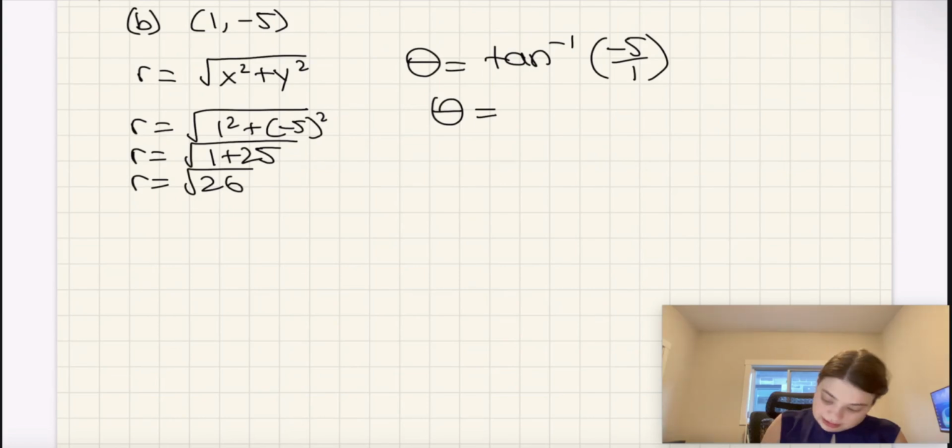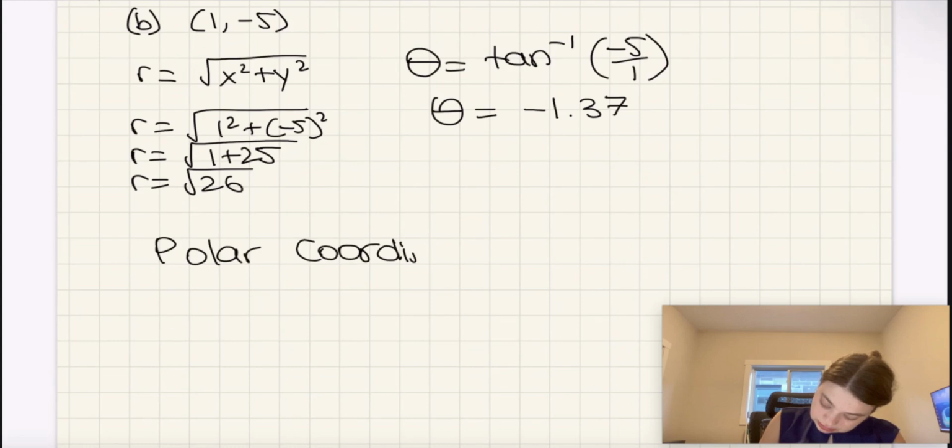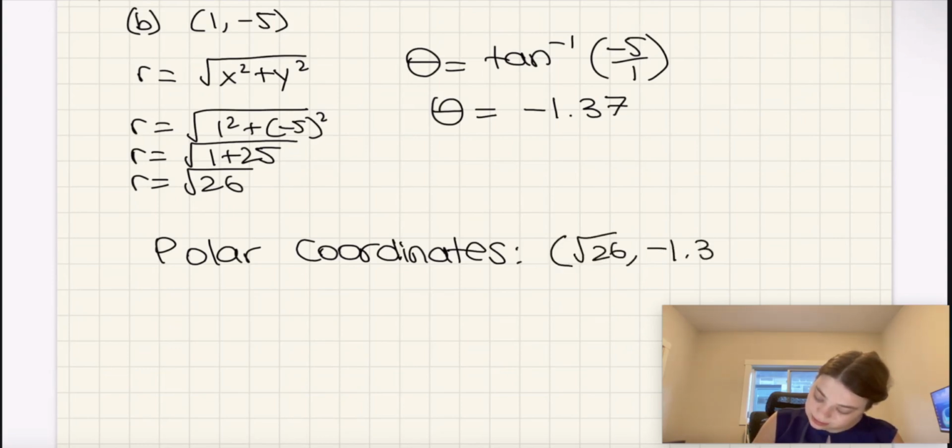That is going to be negative 1.37 radians approximately. So the final answer here with the polar coordinates would be root 26, comma, negative 1.37. And there we go.